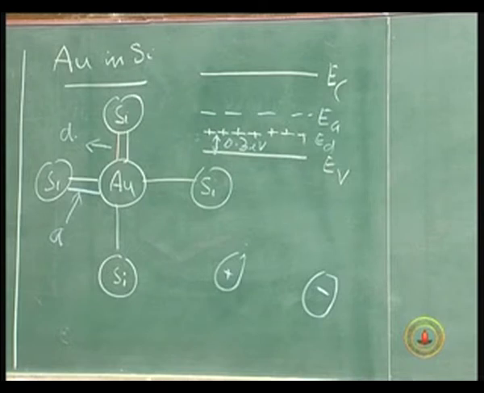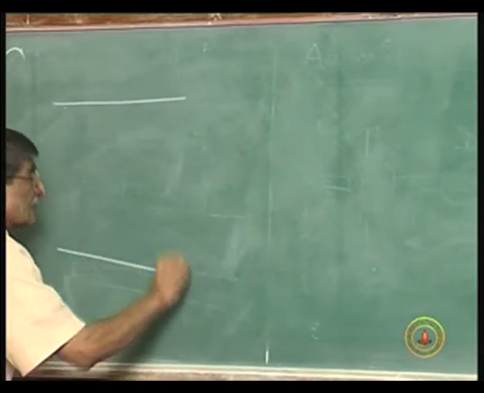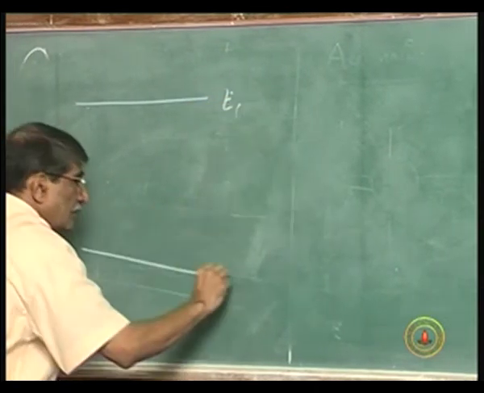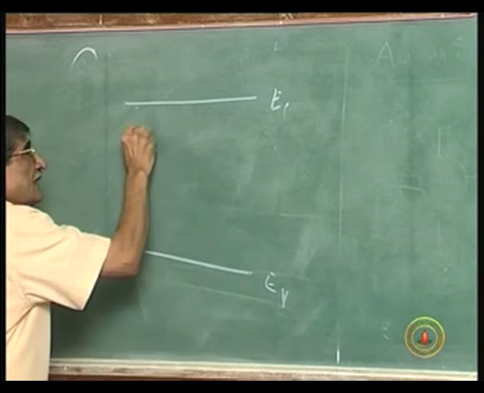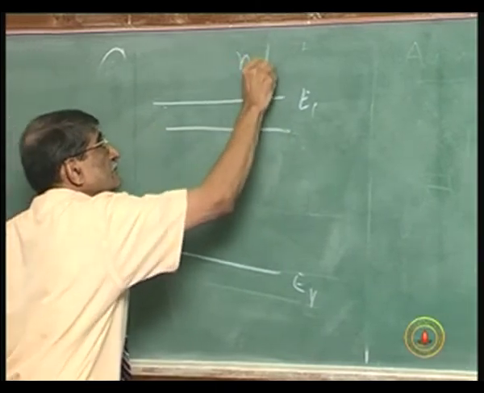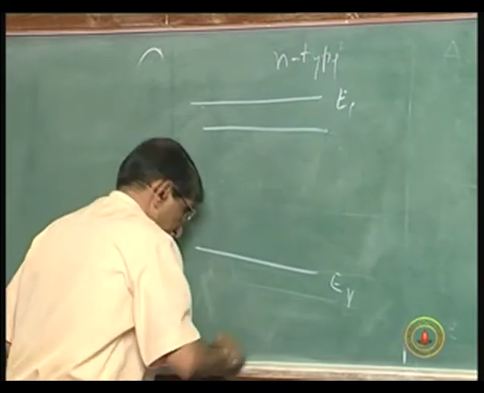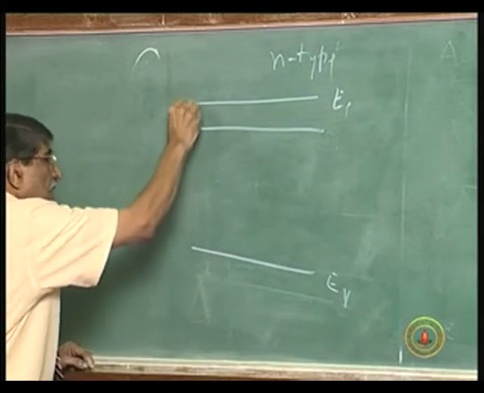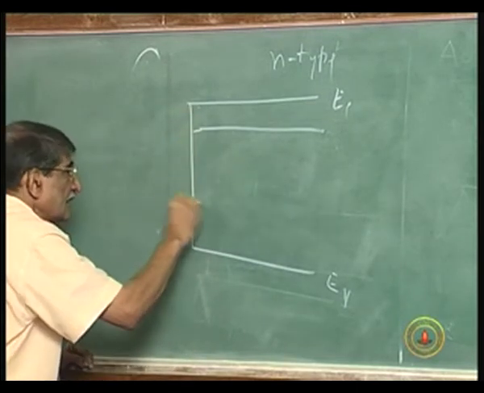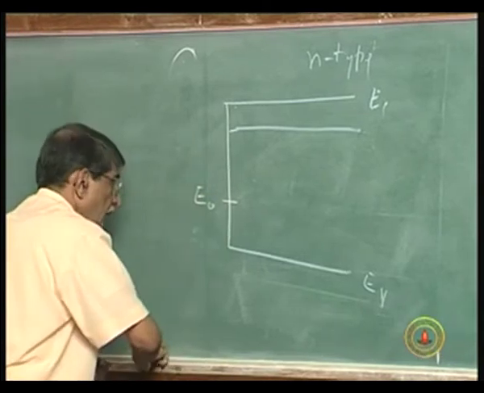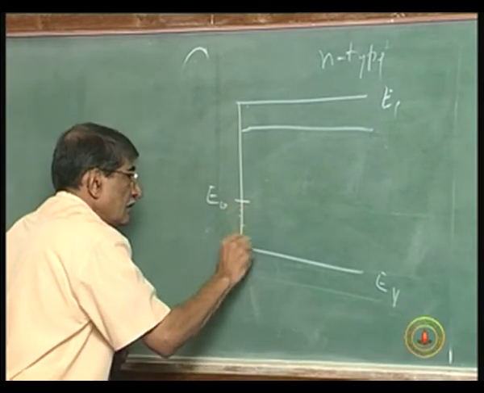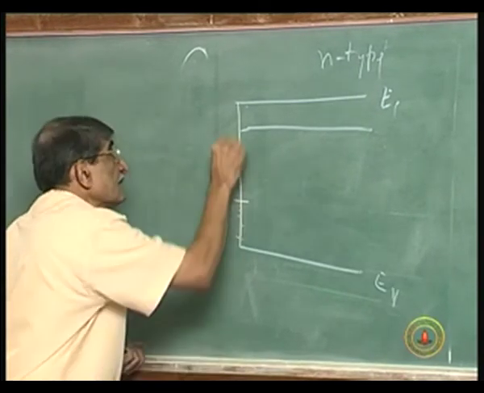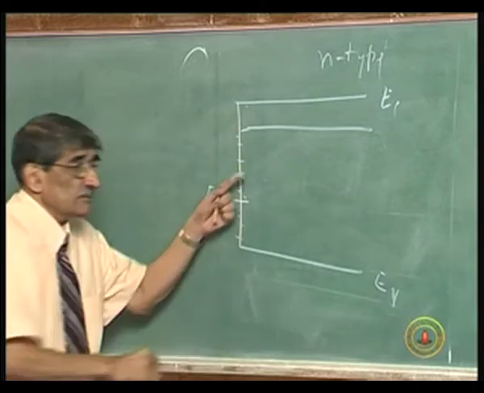Okay, I have the conduction band, valence band, N-type semiconductor. This is a surface. That is a neutral level. All these levels are occupied and all these levels are not occupied now.